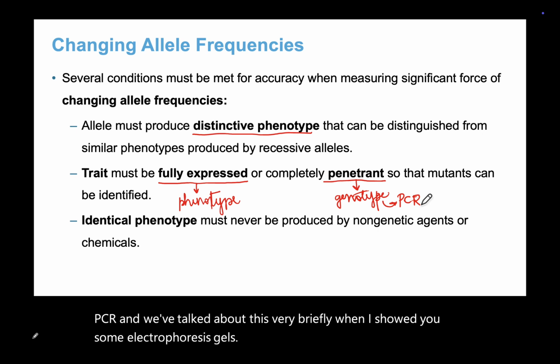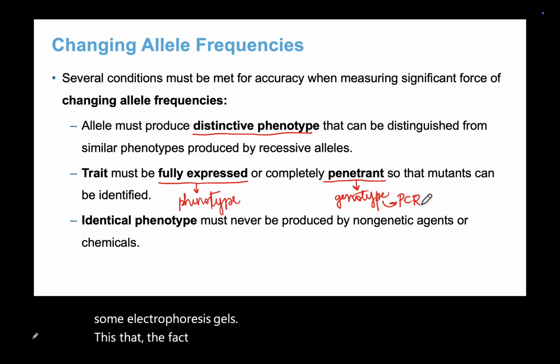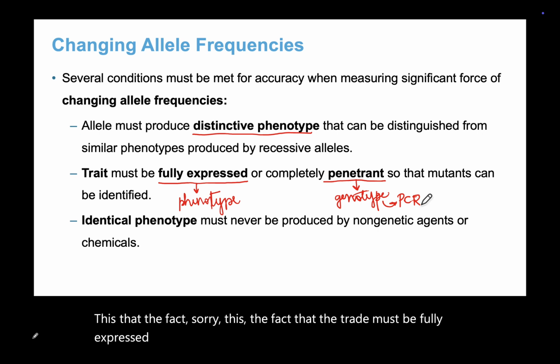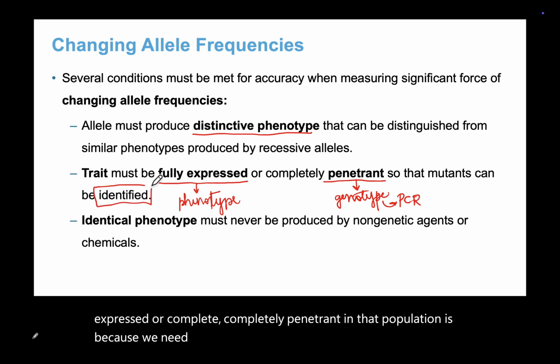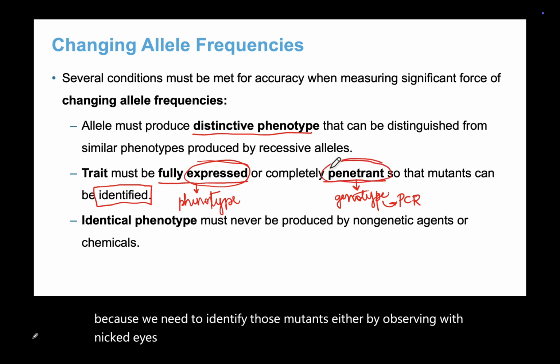The fact that the trait must be fully expressed or completely penetrant in that population is because we need to identify those mutants, either by observing with naked eyes or by having ways to know their genetic composition.